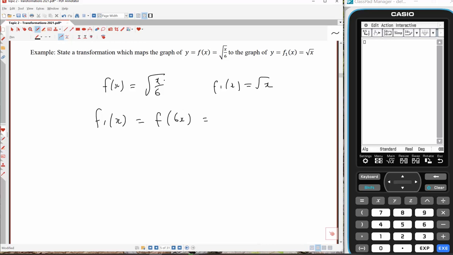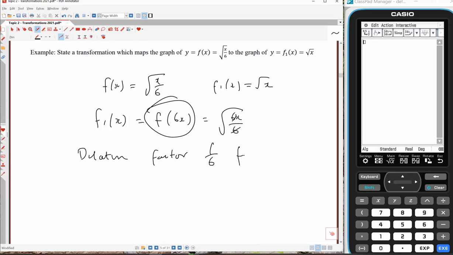Because when I drop 6x into this, I get 6x over 6, which cancels out, leaving us with just root x. So this will be a transformation which will map that to that. Now, what is that? That is a dilation factor 1/6 from the y-axis.